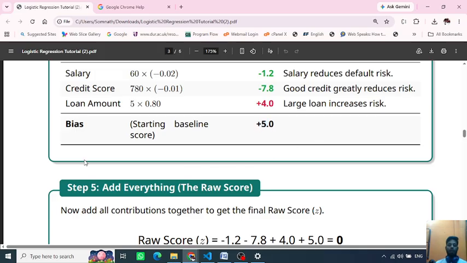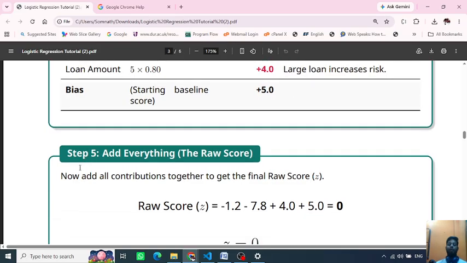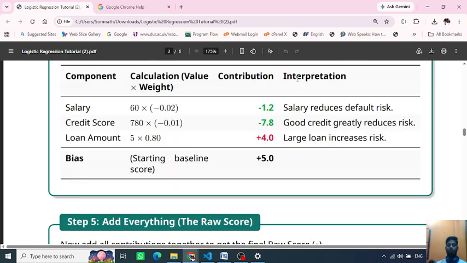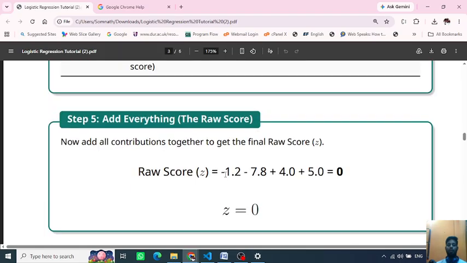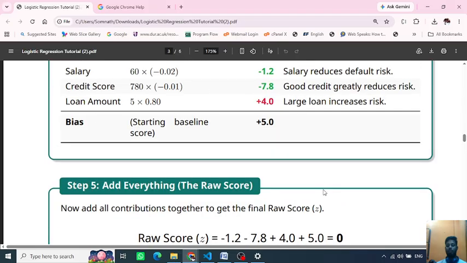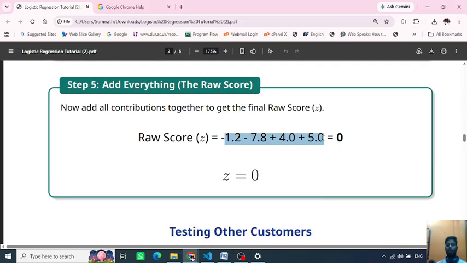Now we have to add all the values, all the feature contributions as well as the bias. We have added all the values and got 0. So the Z value or raw score for this customer is 0.